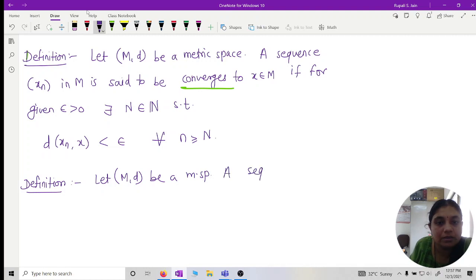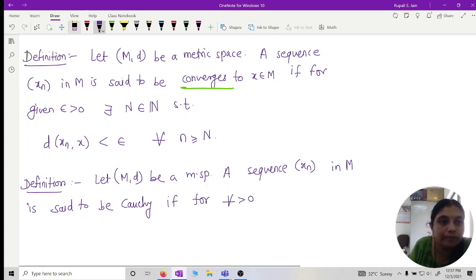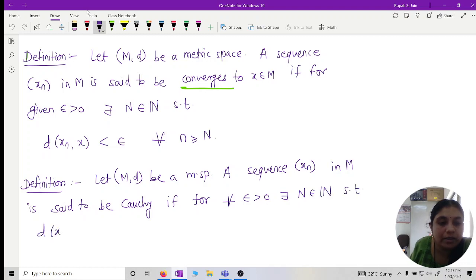A sequence xn in M is said to be Cauchy if for every epsilon greater than 0, there exists N such that the distance between xn and xm is less than epsilon for all n, m greater than N. Is that right?